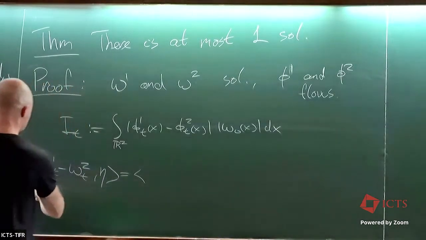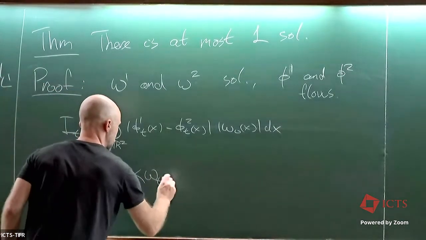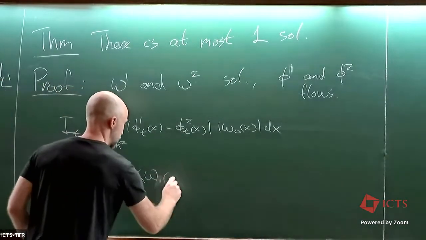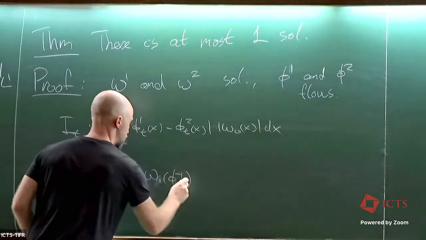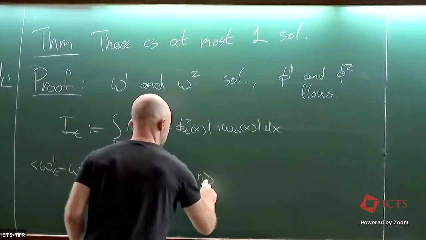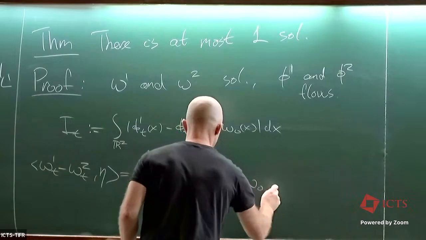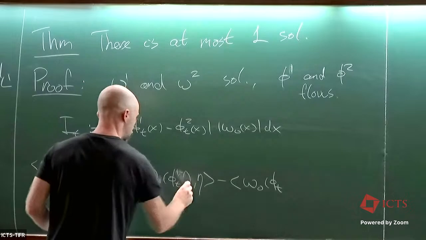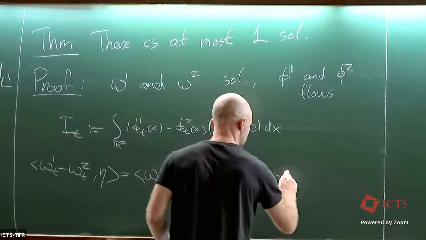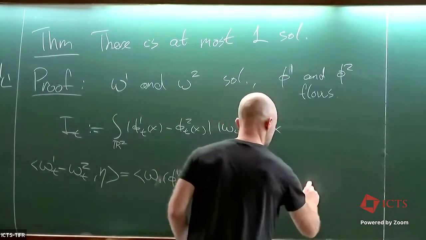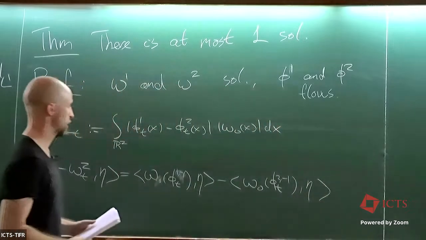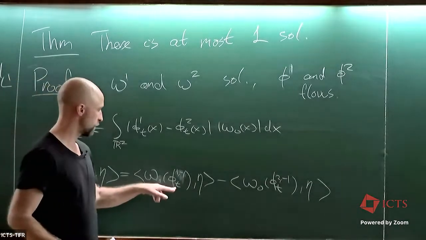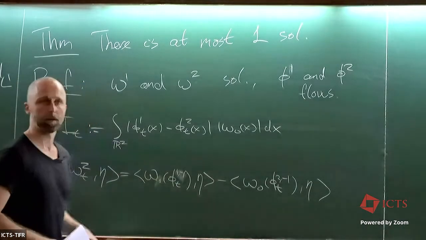All right, so we know that the first solution should be the initial value in the inverse flow, eta, minus the initial value at the inverse flow. This is phi 1 inverse, and this is phi 2 inverse. Now by volume preservation, you can put this one over here.